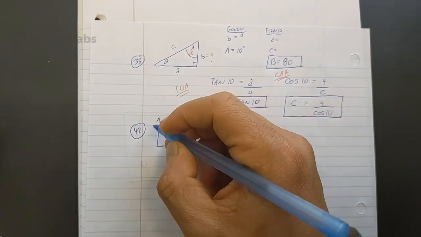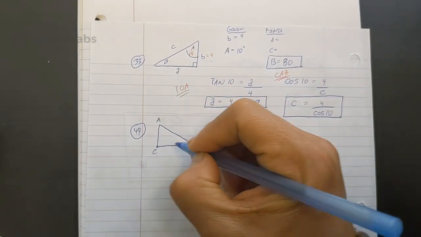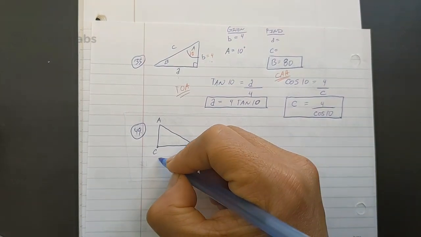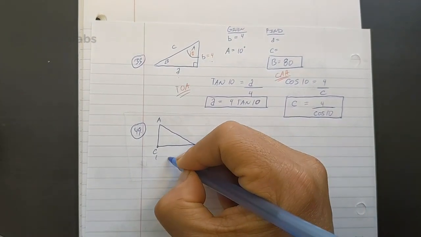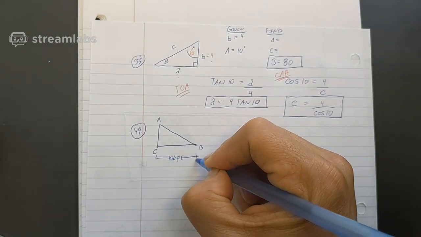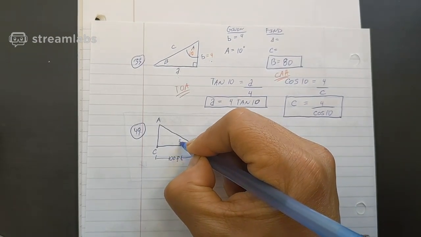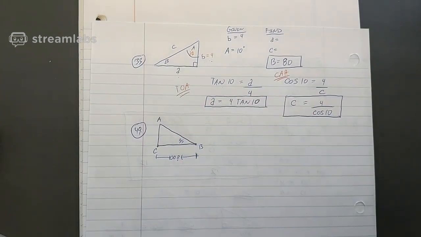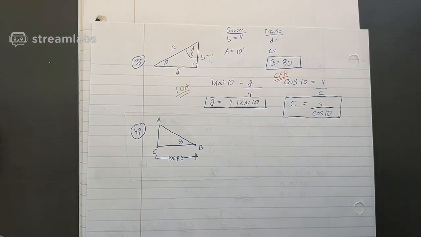This is A, and this is C, and this is B. This is 100 feet, and the angle between them is 35. Let me just read it out to you guys. Find the distance from A to C across the gorge illustrated in the figure.